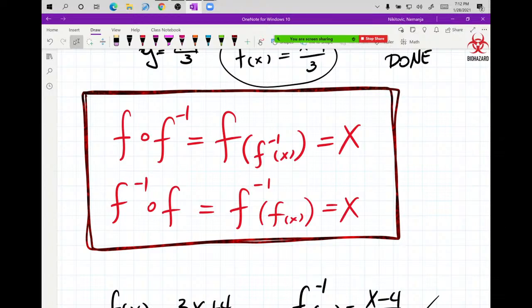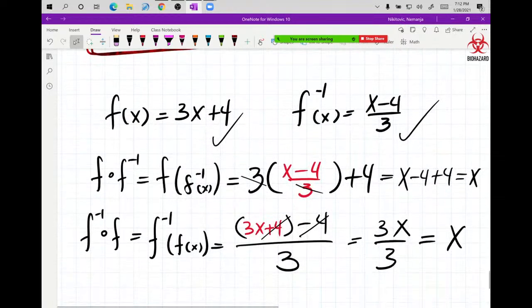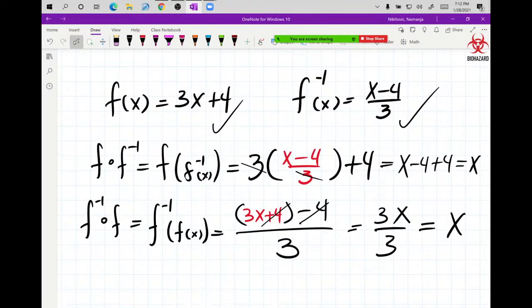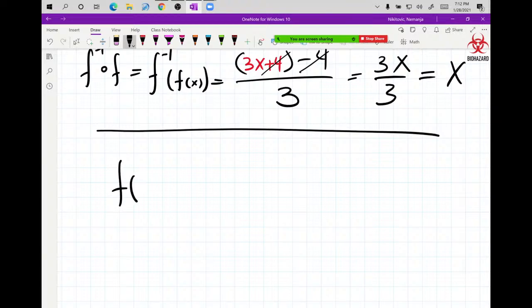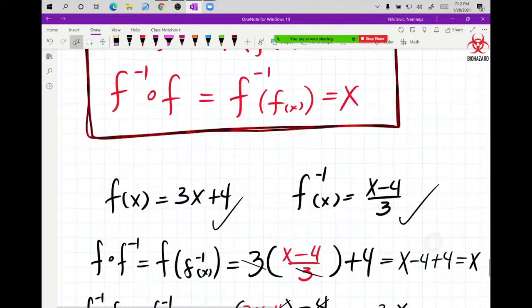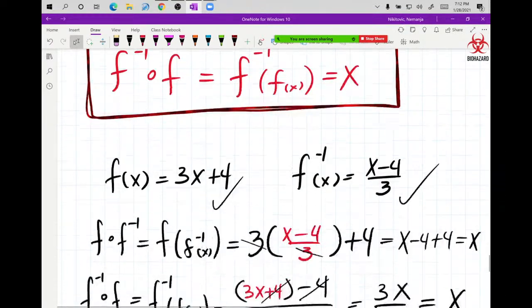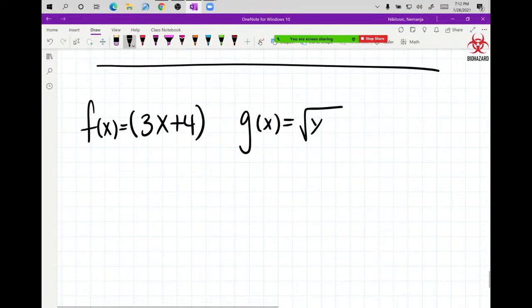Now we're going to go to where I should have gone, and I didn't, unfortunately. So instead of trying to prove to you that these formulas work, I should have actually done the original problem of f of x equals 3x plus 4, and g of x equals root x minus 3.